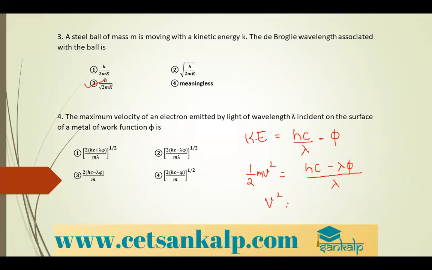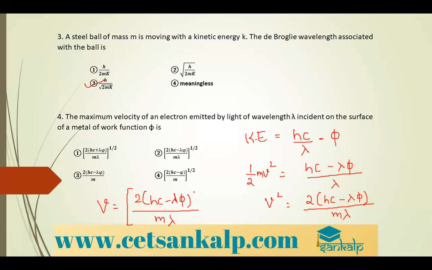So v square is equal to 2 hc minus lambda phi whole divided by m into lambda. So taking the root, v is equal to 2 hc minus lambda phi divided by m lambda. So instead of writing square root, I'm writing the power 1 by 2. So option 2.